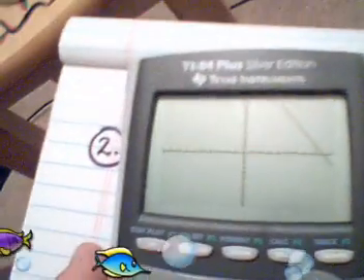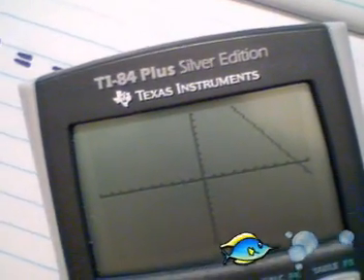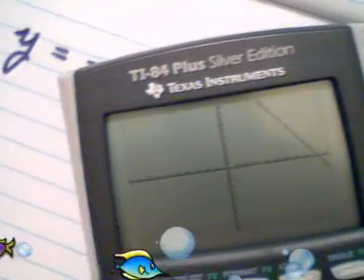My problem is that the graph is way off the side of the window. You can't really see the y-intercept very well.